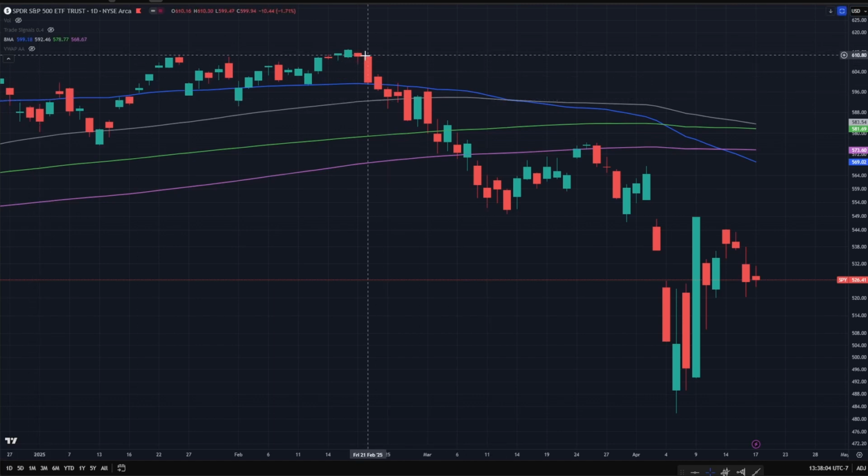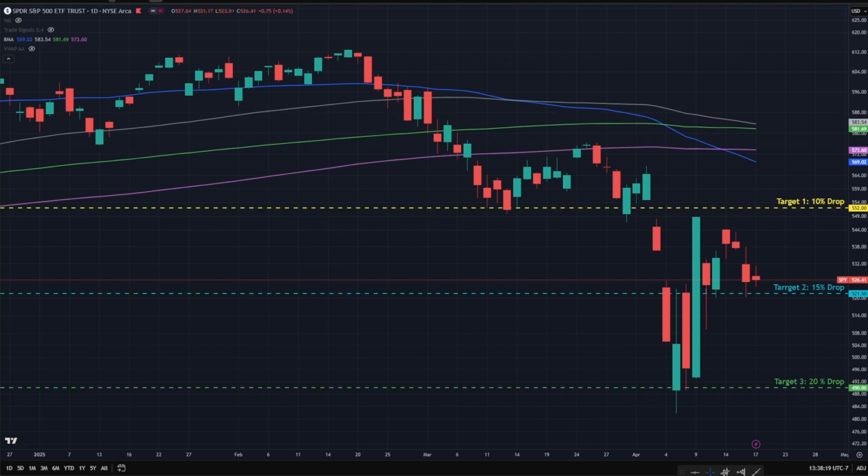Since price has slashed below the 200-day moving average like we see here, I started plotting my downside targets based on percentage points. So 10% from the all-time highs, 15 and 20%, which I'll show here. And we have hit each of those.